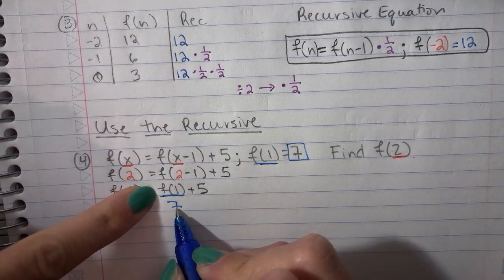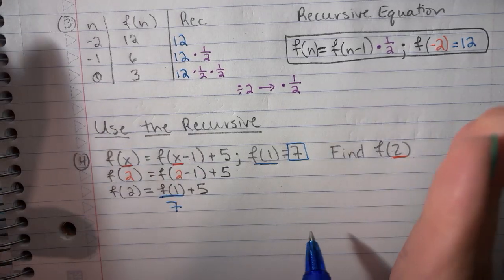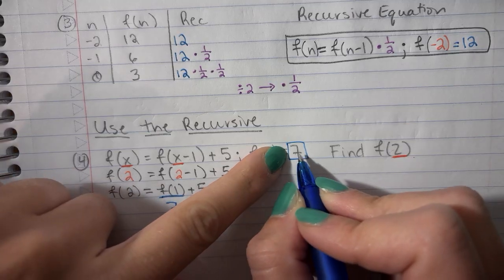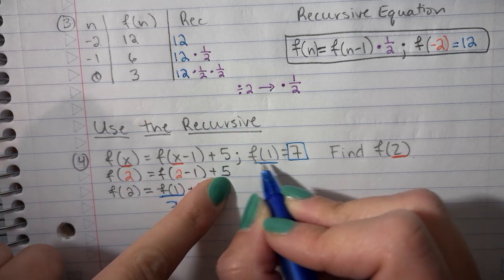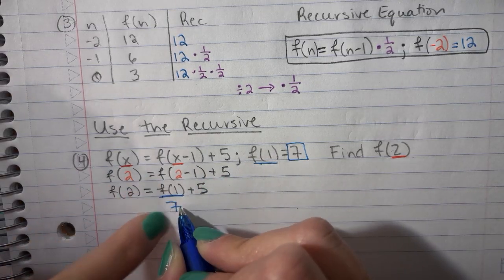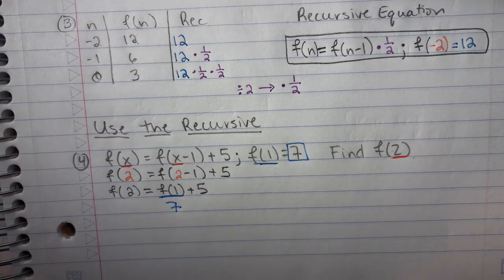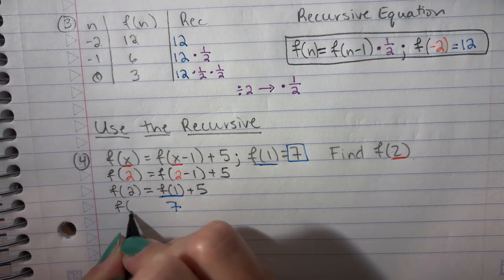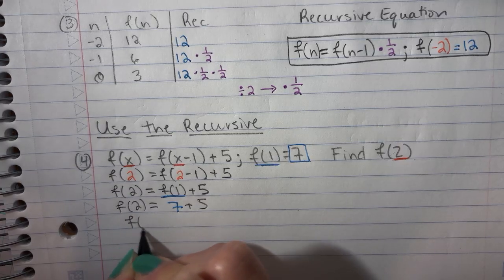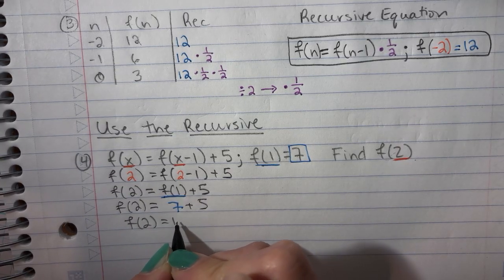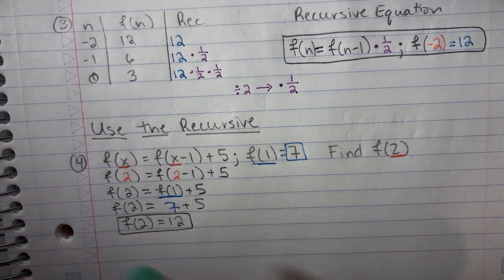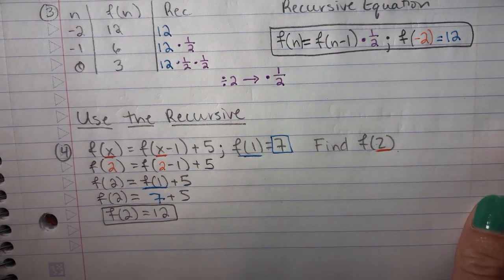Notice that when I did that, the f in the parentheses went away. Just like over here, there's no f in parentheses with the 7 on this side. It's just saying this piece here, if you see something like this, it's going to equal 7. And that's what we did. Everything else gets brought down. Now I know 7 plus 5 is 12. And there we go.